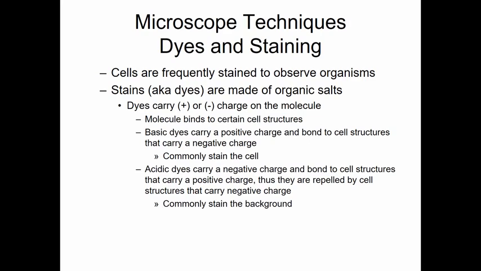Acidic dyes carry a negative charge, and they bind to structures that have a positive charge. What you want to think here is opposites attract. Whatever your cell structure charge is, you want to come in with the opposite charge on the dye in order to actually be able to stain it.